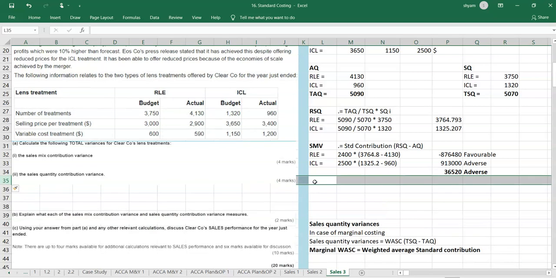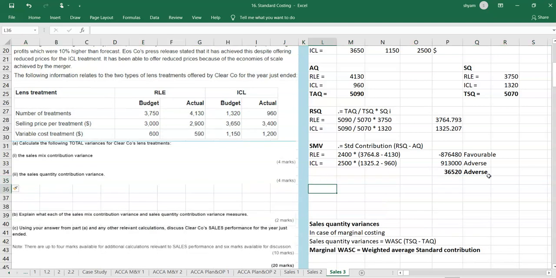So what does this say? Sales mix variance tells whether we are moving away from the proportion or not, and whether we are selling the higher contribution item or not. The higher contribution item is ICL. But are we selling more of ICL?